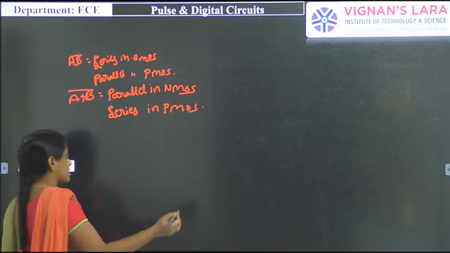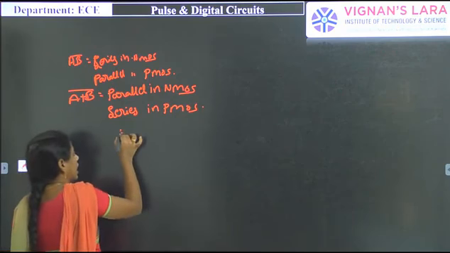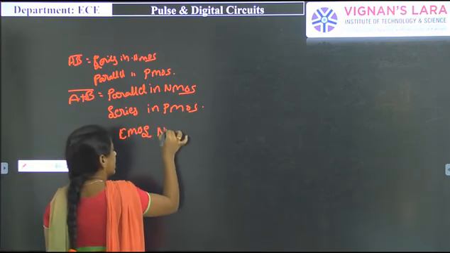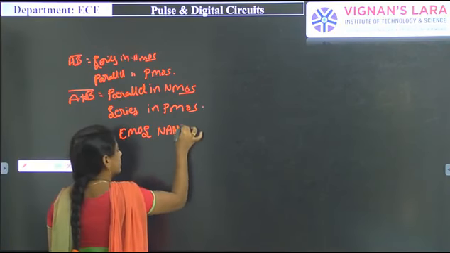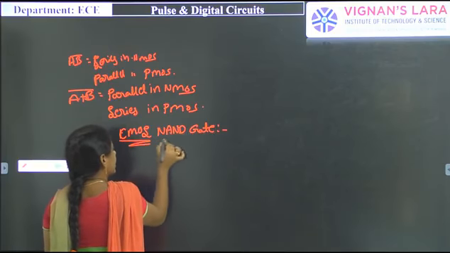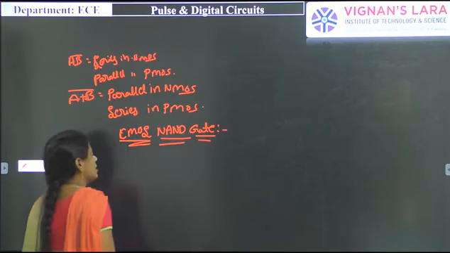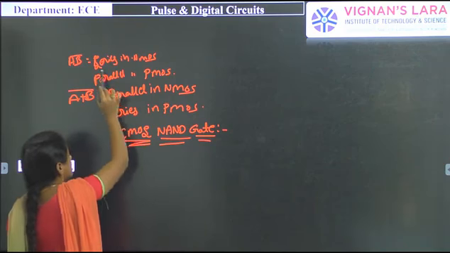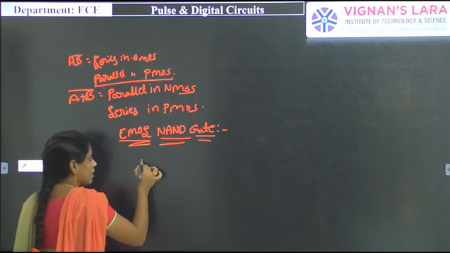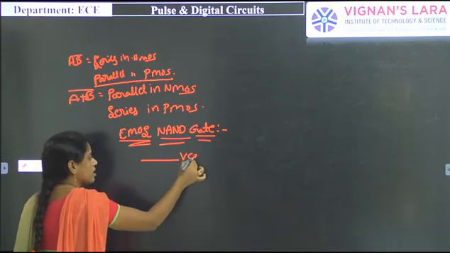So for example, first I represent the CMOS NAND gate. How do we represent this CMOS NAND gate? It can be like this. First, parallel for PMOS, like that it can be represented. We have to represent this VCC.